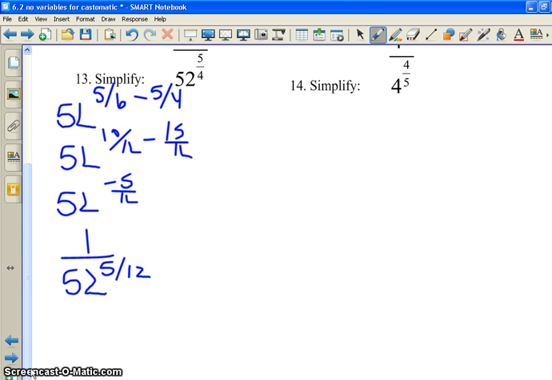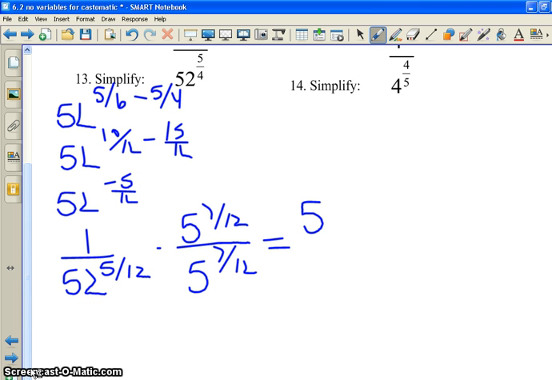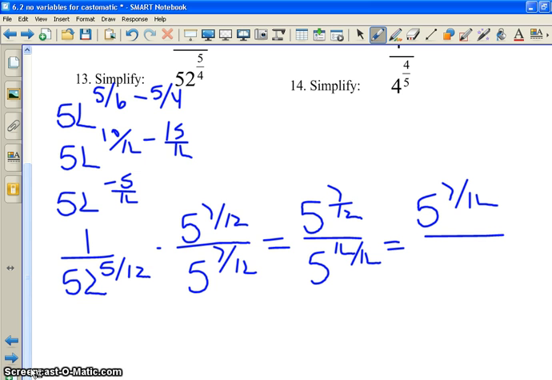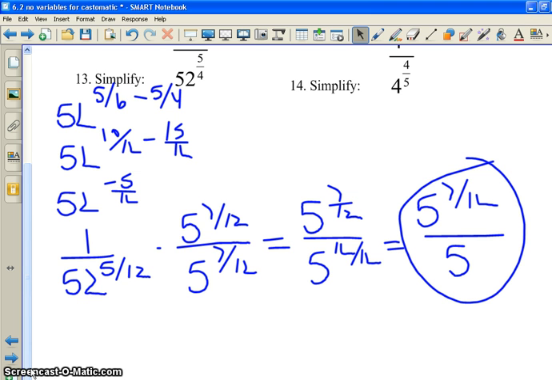Well, that would be 7/12. So I'm going to multiply top and bottom by 5 to the 7/12. Now 5 to the 7/12 over 5 to the 7/12 is just 1. So I've not changed the value. But when I simplify this, I would then get 5 to the 7/12 over 5 to the 12/12, which would just give me 5 to the 7/12 over 5. And that would be my final answer in best form.